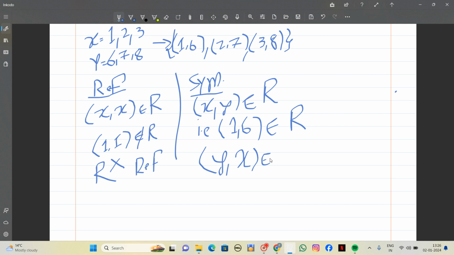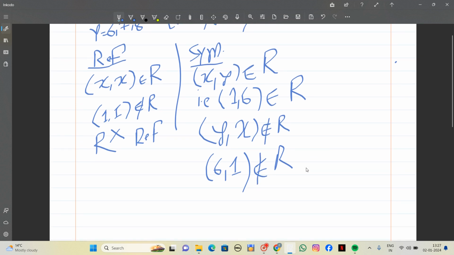But we are taking y as 6 and x as 1. But (6, 1) is not present in the set, so (6, 1) does not belong to R, so (y, x) does not belong to R. So the relation R is not symmetric.